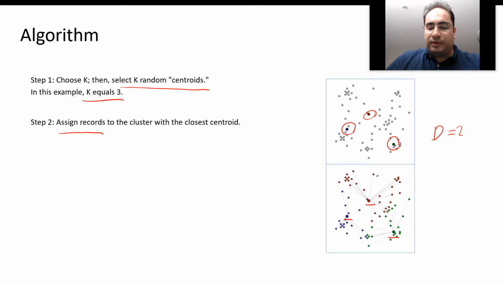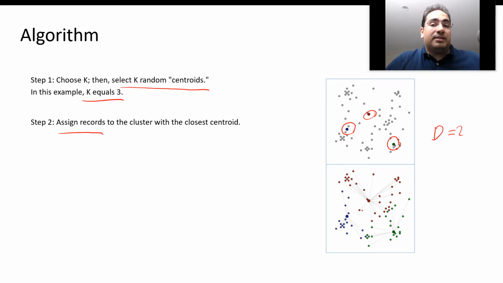For example, for this specific one, it calculates the distance between that sample and this centroid, that sample and this centroid, and that sample and that centroid. So this one is basically the closest one. So it chooses that as the closest centroid and assigns that sample to that centroid.